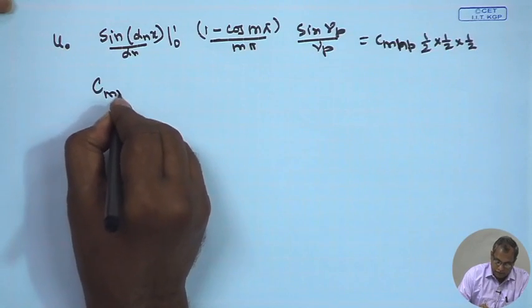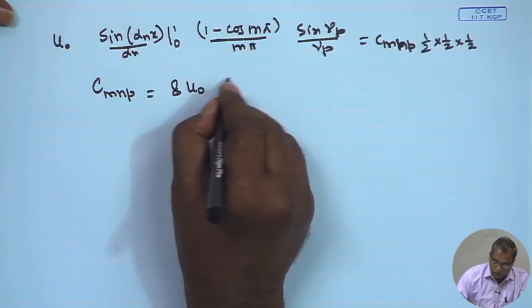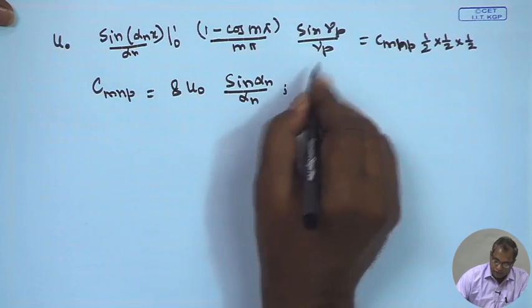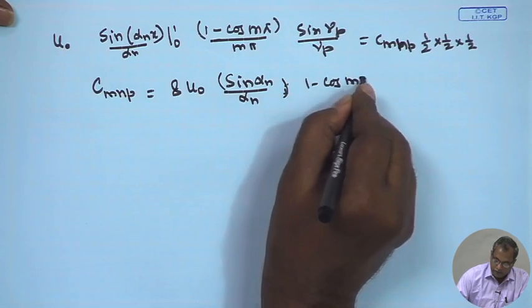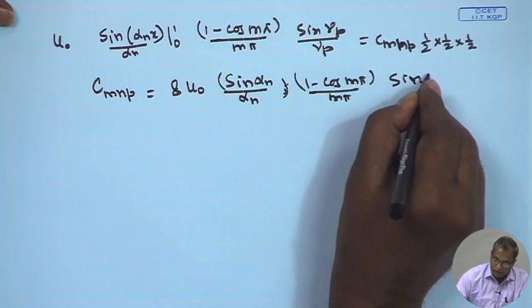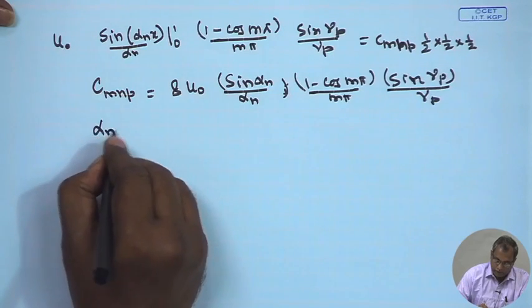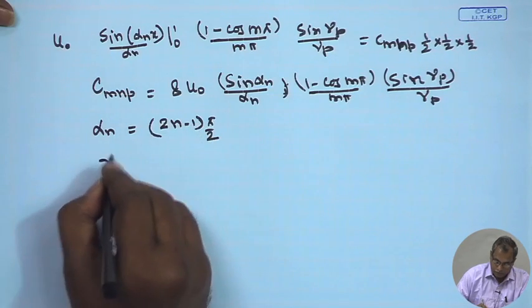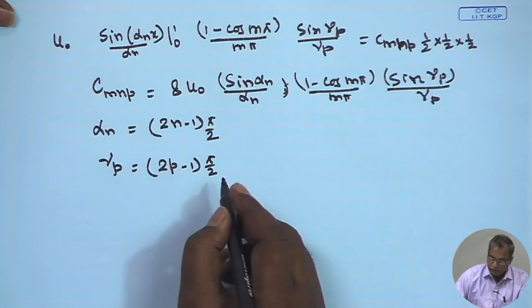So, C m n p will be nothing but 8 u 0 sin alpha n by alpha n, multiplied by 1 minus cosine m pi over m pi, times sin gamma p over gamma p, where alpha n is nothing but 2 n minus 1 pi by 2 and gamma p is nothing but 2 p minus 1 pi by 2.